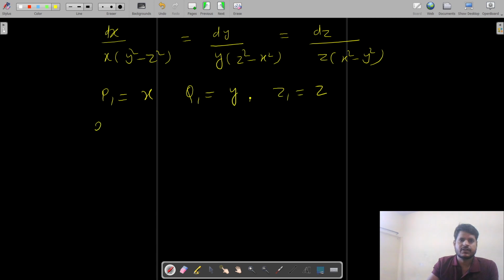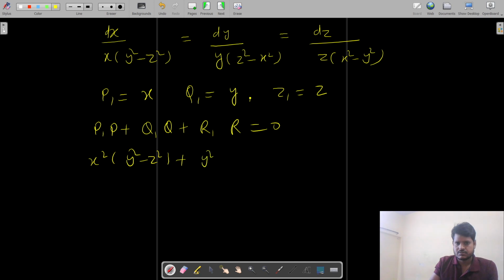Now write down the expression P1P plus Q1Q plus R1R, is it equal to 0 or not? Should we check? Yes, we check. So this becomes x square (y square minus z square) plus y square (z square minus x square) plus z square (x square minus y square).